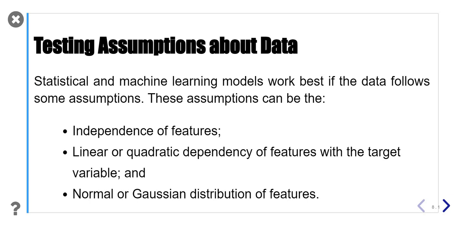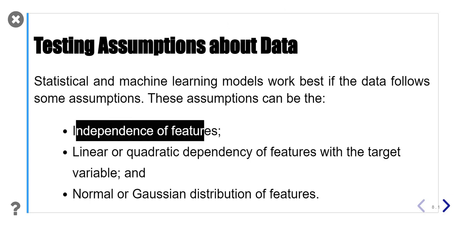So whenever you have your data, there are some assumptions that you need to check. For example, independence of features. Based on the various attributes that you have, is it dependent or is it independent? Does it have some correlation? Does it affect certain attributes, or is it totally standalone?